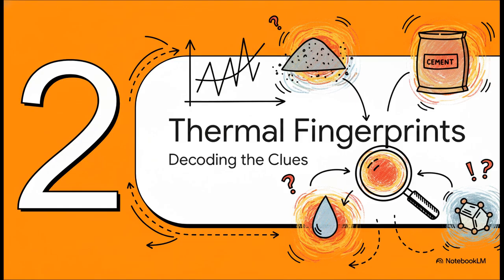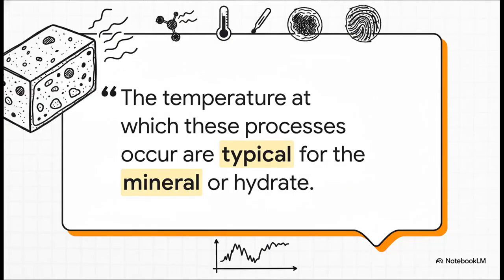Because it turns out we can use these clues to create a unique thermal fingerprint for every single ingredient inside our concrete. So, the crucial point is this. Every mineral and hydrate reacts to heat in its own unique, totally predictable way. When it loses water or maybe carbon dioxide, it does so at a characteristic temperature. This gives each and every substance its own unique thermal signature, its fingerprint.